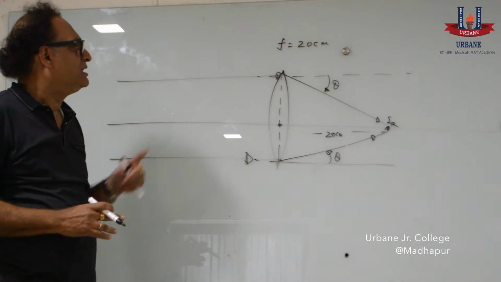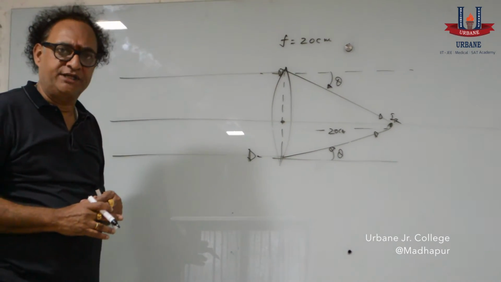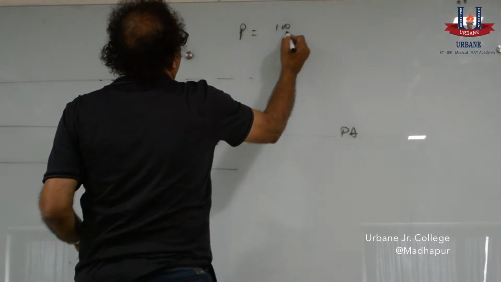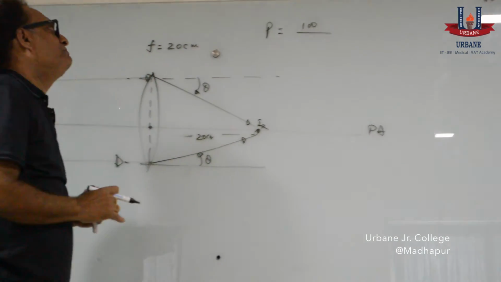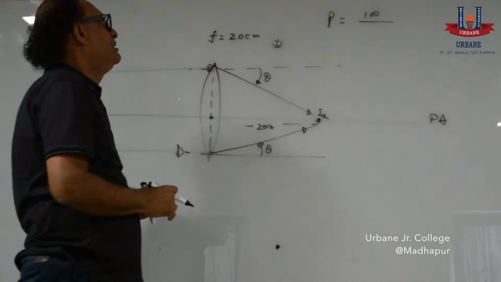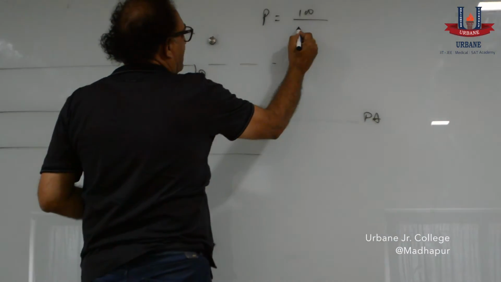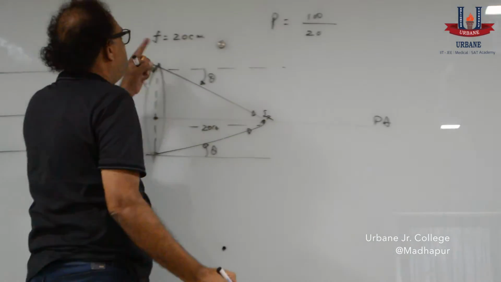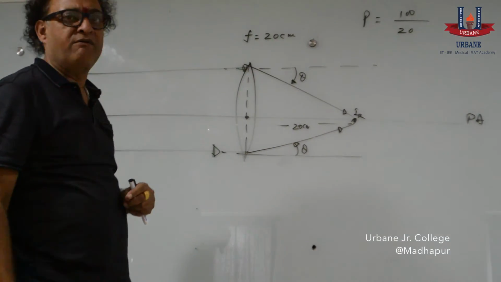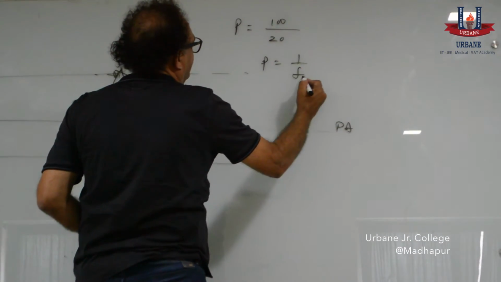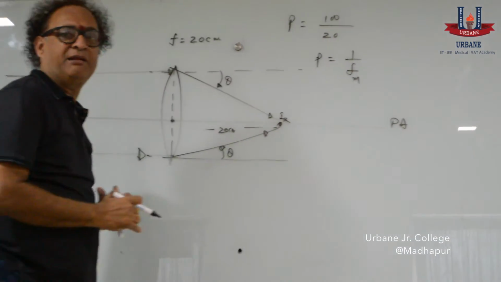In such case, the power is said to be positive. We call this power as measured in diopters, and so we put 100 on the top and say the focal length here, which is put in centimeters. Power is nothing but the reciprocal of the focal length, which is measured in meters.